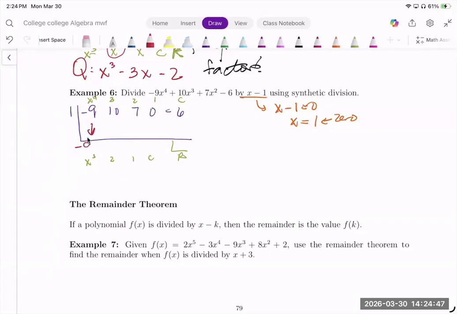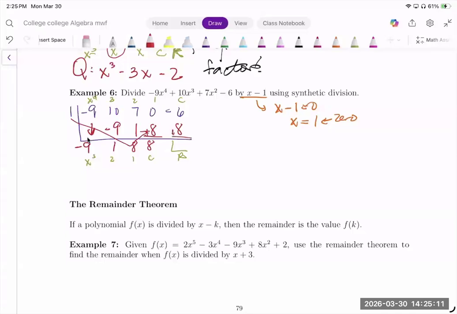Drop the first number. So -9 times 1 is -9, add down, that's 1. Check mark, multiply, so 1 times 1 is 1, add down is 8. Check mark, up and over, multiply, so that's 8, add down, that is 8. 1 times 8 is still 8.